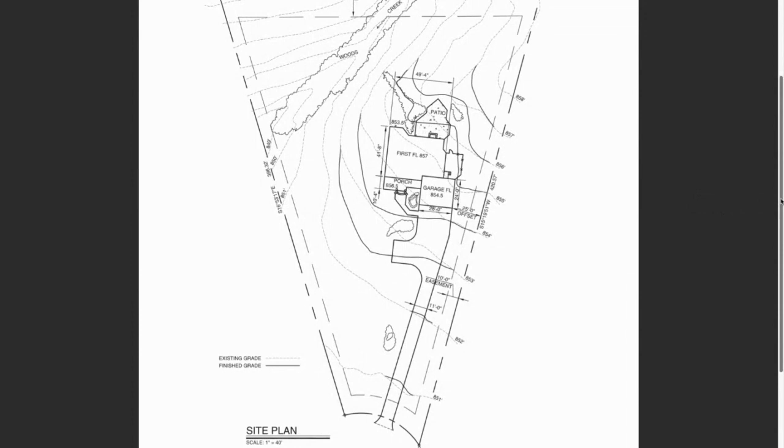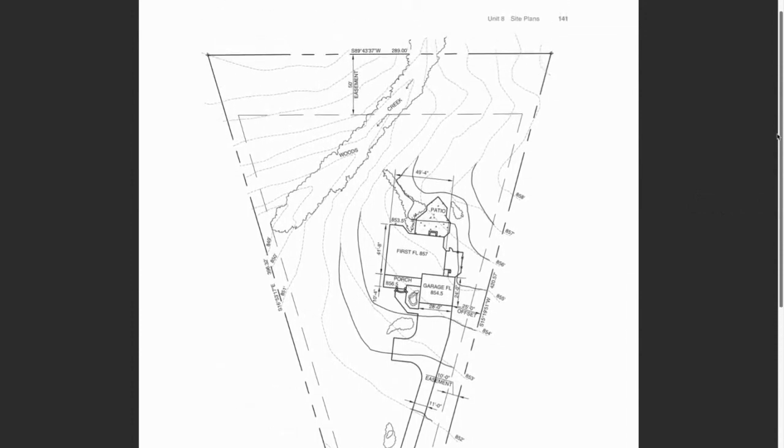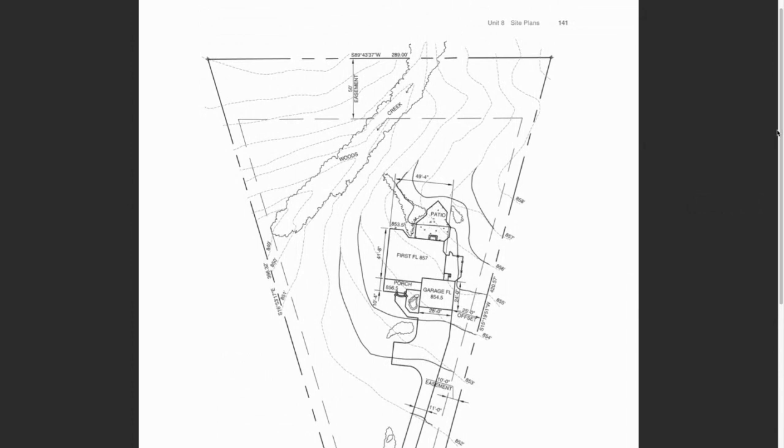Let me just point out some of the features here. So this is figure 8.8 on page 141, and I'm just blowing it up a little bit, so hopefully you can see it a little bit better. So again, across the top here we have our property lines. So they have a bearing, right? Bearing south 89 degrees, 43 minutes, 37 seconds west.